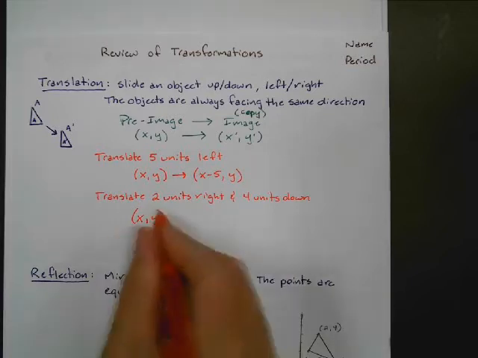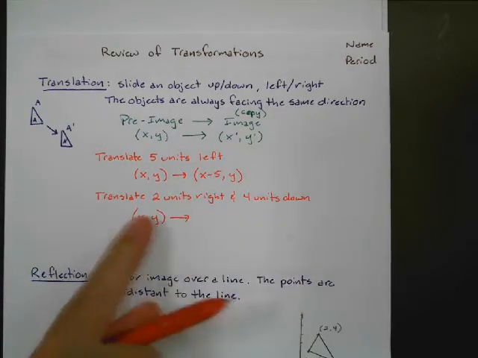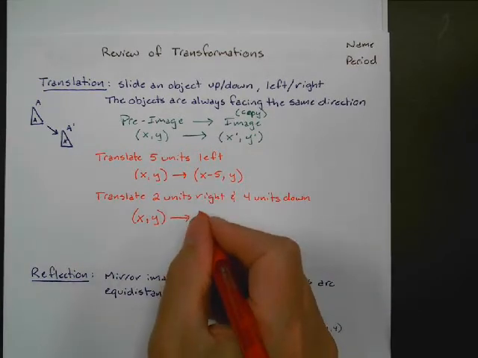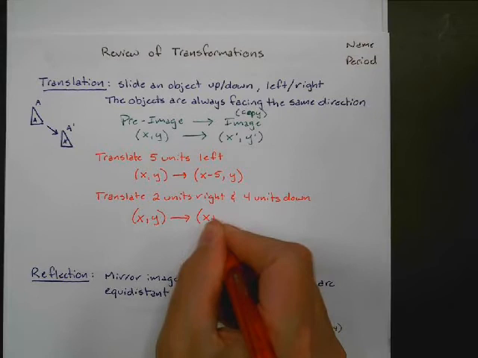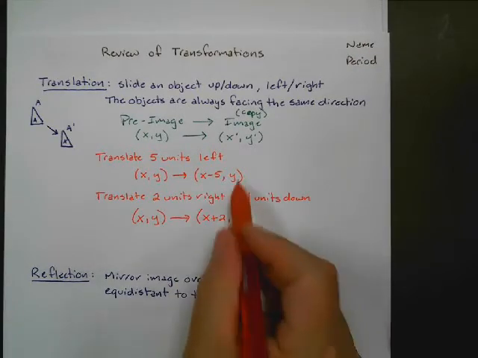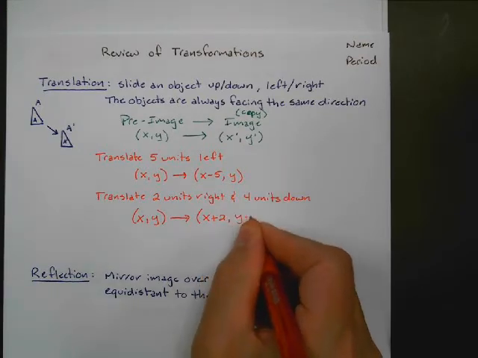So there's our pre-image, our original. 2 units to the right would be going this direction. So that means we're going to add to our x's. So that'd be x plus 2. And then we'd go down 4. So the y is up and down. So down is -4. So we do y minus 4.